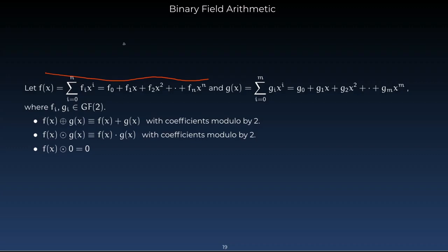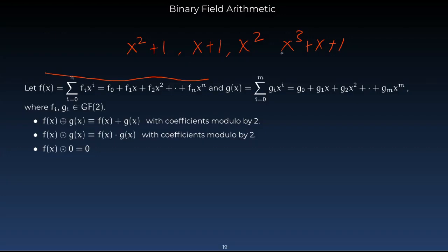So we can have polynomials like x square plus 1, x plus 1, x square, and x cube plus x plus 1. These are examples of polynomials over GF(2).